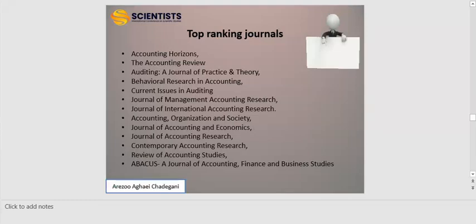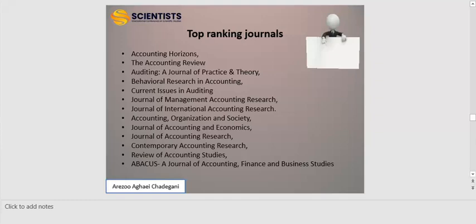Okay, and in situation number two, when you don't have any idea or keywords, you can find new researches in top-ranking journals. Top-ranking journals in every field of study are different.